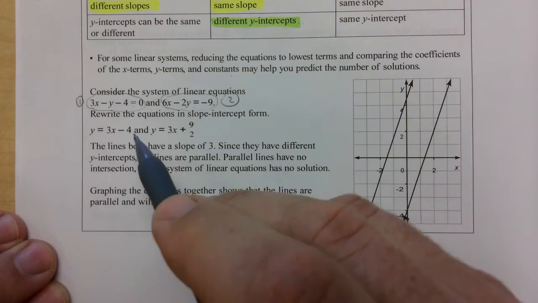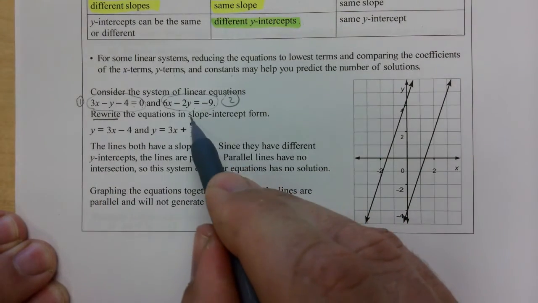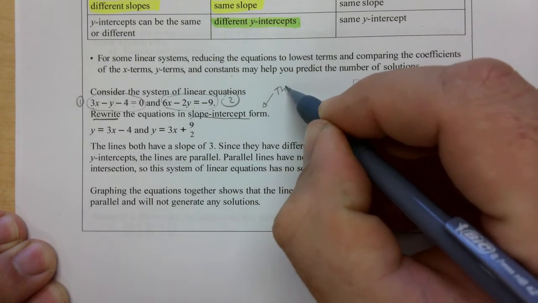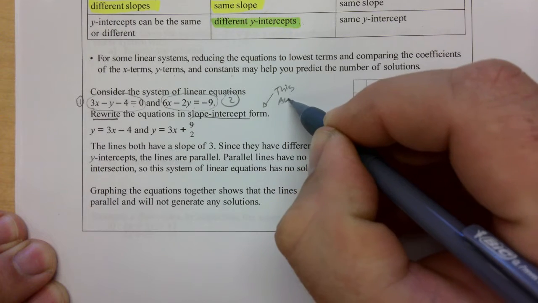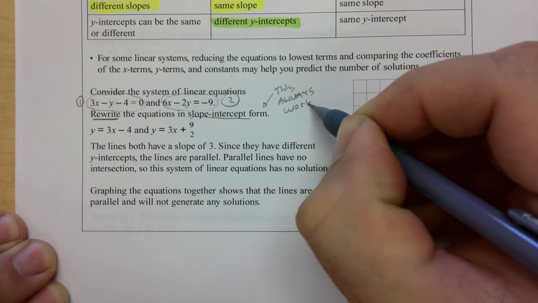If you rewrite into slope-intercept, this always works.